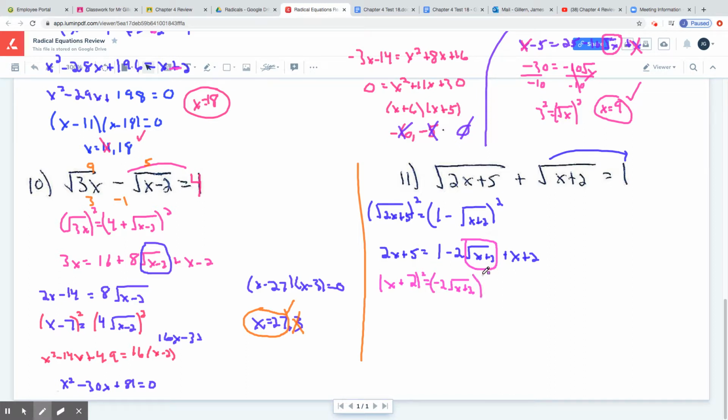Square both sides. x plus 2 squared is x squared plus 4x plus 4. And then square that, negative 2 squared is 4. And then you get x plus 2. So this is really 4x plus 8 when I multiply it out. Just don't feel like rewriting everything again.